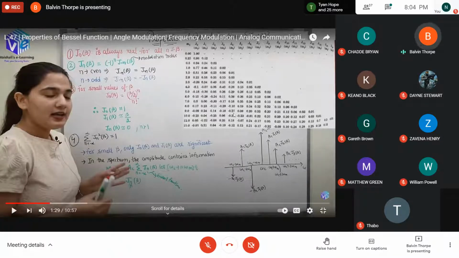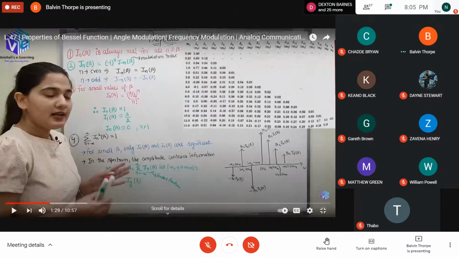But if you notice, the amplitude gets smaller and smaller, which simply means that the significant sidebands contribute to the overall signal, but the higher the modulation index, their contribution becomes less and less.